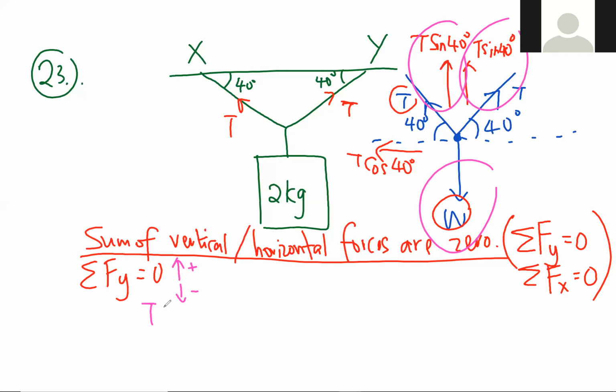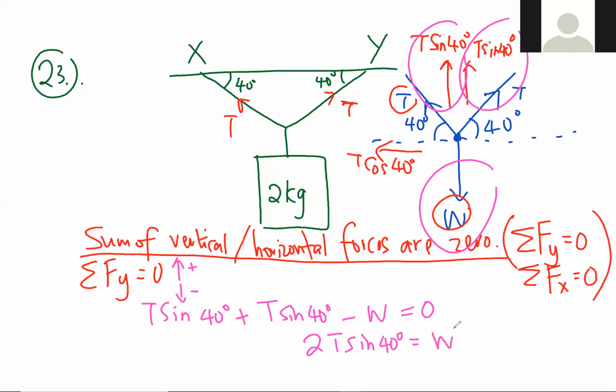So you have T sine 40 plus T sine 40, and then minus W, equals 0. You're taking the sum of them equals 0. So now you bring the W over there, and it becomes 2T sine 40 equals positive W.